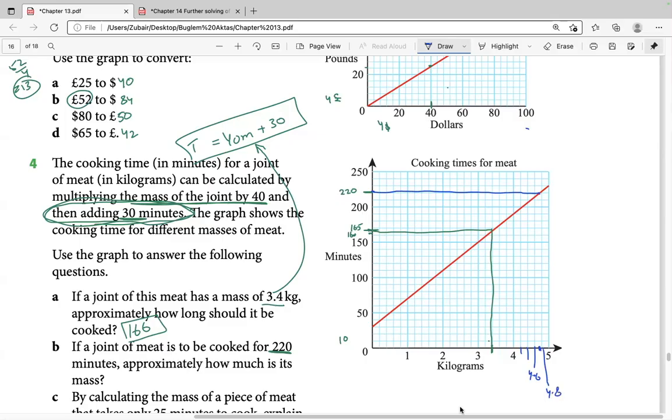Now my calculator gives me 4.75. We have to be careful because our eyes are not accurate enough to read these boxes up to two decimal places. If I'm talking about this one box, let me enlarge it. This right here is 4.6. The other end is 4.8. So if we feel that it is exactly in between, I can write 4.7.